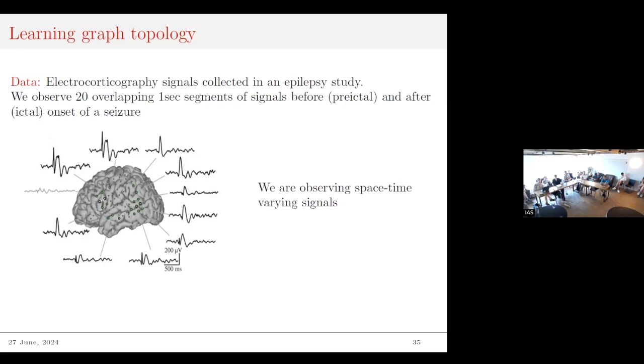We are observing 20 intervals before the onset of the seizure and 20 intervals after the onset of the seizure. In this case, of course, we are observing a space-time varying signal.